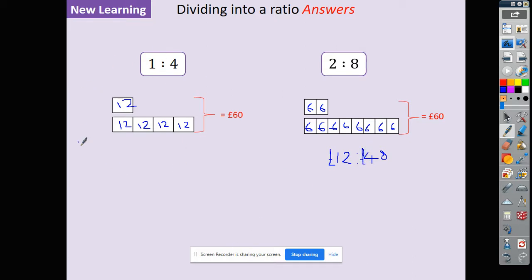So what about the first one where we were sharing the ratio? Well, we had £12 and the second one was £48. So that's how the money was split. Have a go at the questions and see how you get on.